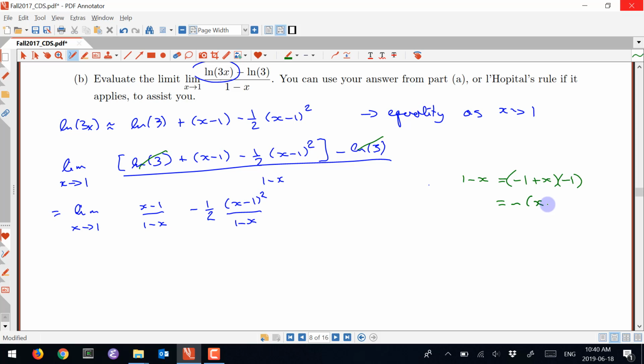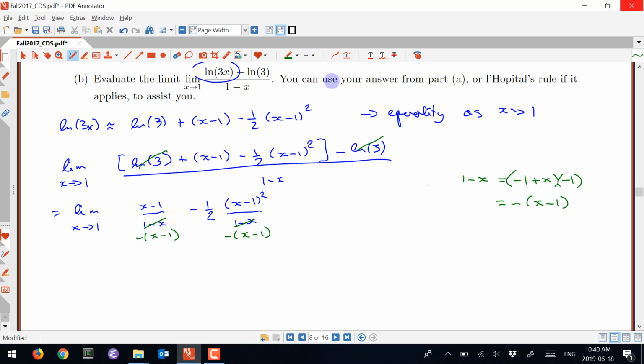Another way to write this is negative x minus 1. Another way to do it is maybe factoring out the negative. Here we bring the negative out front, we get just x, and I factor a negative out of the positive one, I get a negative 1. At the end of the day, that lets me replace this denominator here with exactly what's in the numerator.